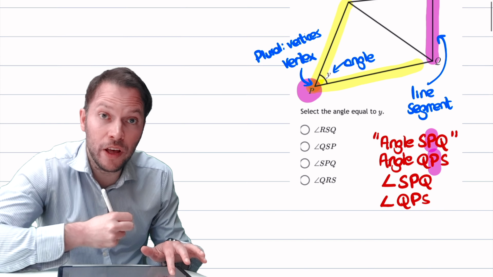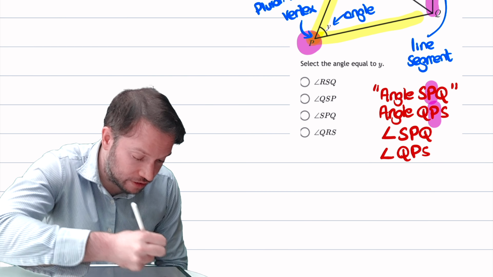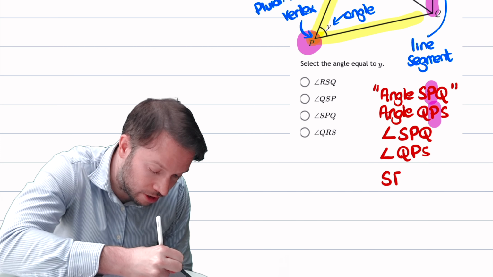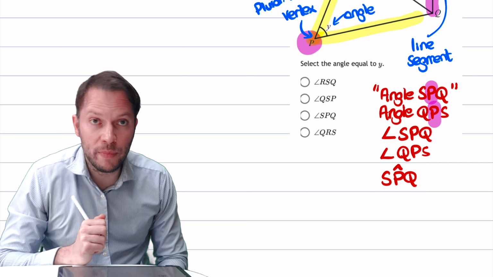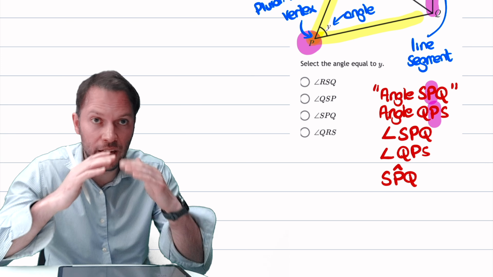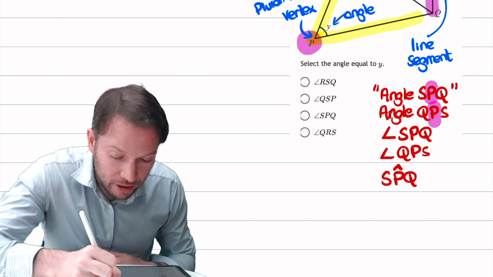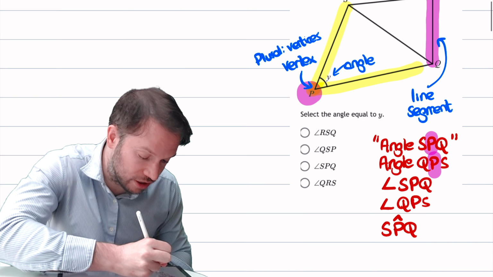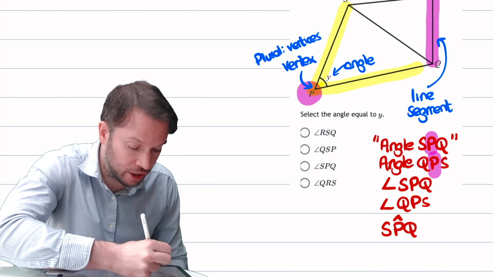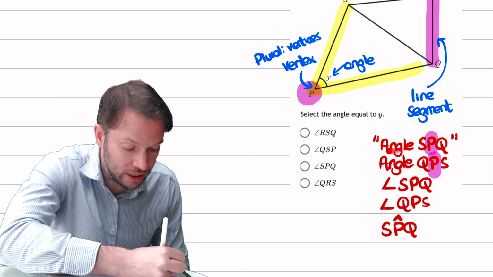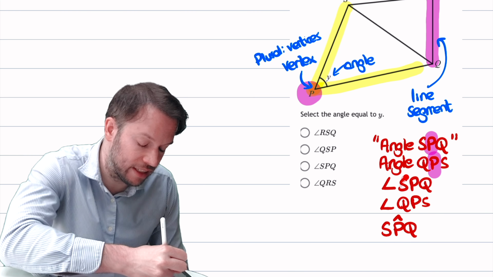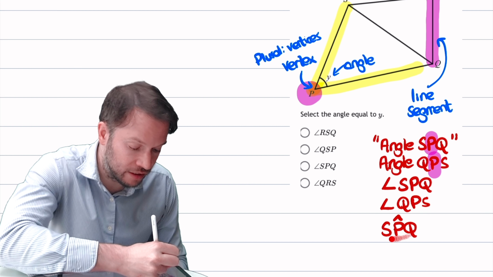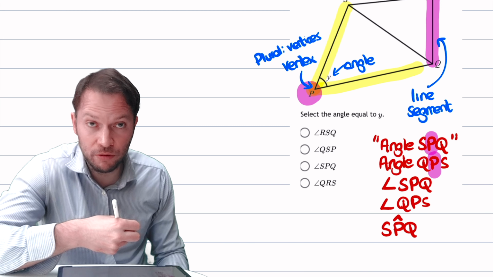There's actually a third way you can refer to angles, and it's to write the three letters, like SPQ, but you put a little caret, it's called, on the middle letter. It looks like that, with two lines like that. And that caret is indicating the angle's been measured at that middle letter of P. So you can either write your angle literally using the word angle, and then the three letters, or this angle symbol, and then the three letters, or the three letters with a caret symbol above the middle letter.